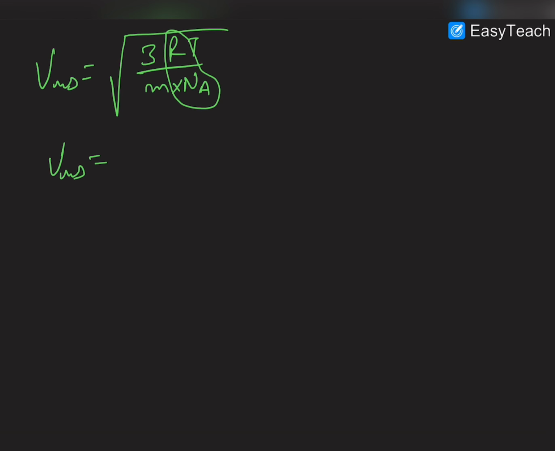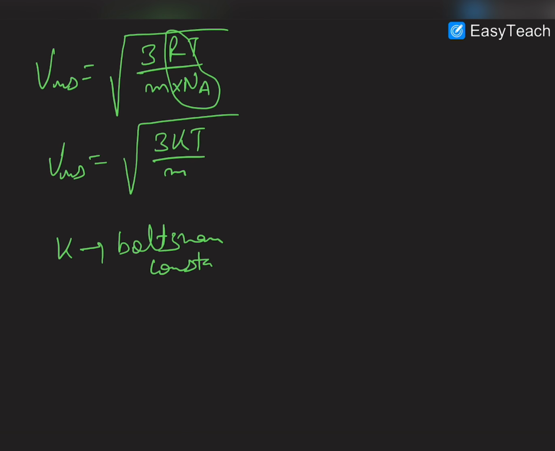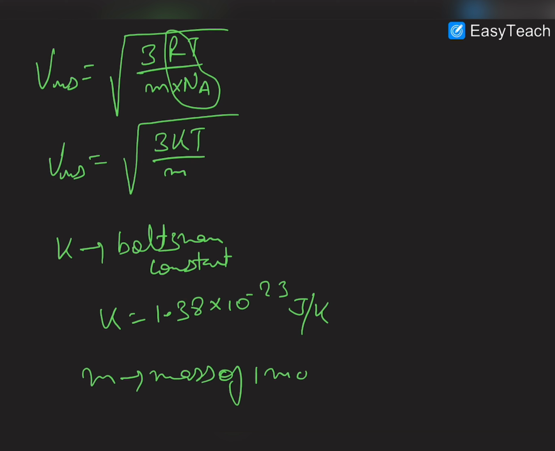So V RMS is equal to the square root of 3 KT by M, where K is the Boltzmann constant, and the value of K is 1.38 into 10 raised to power minus 23 joule per Kelvin, and M is the mass of one molecule of the gas.